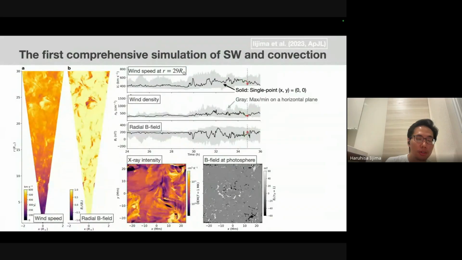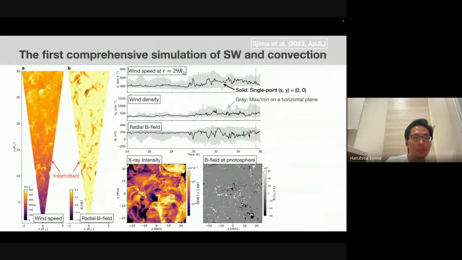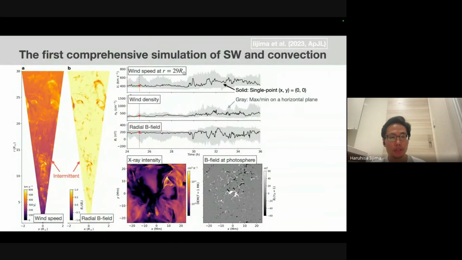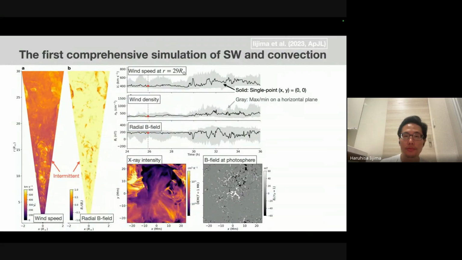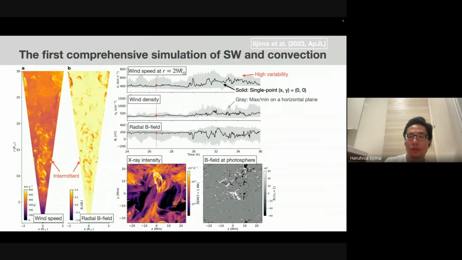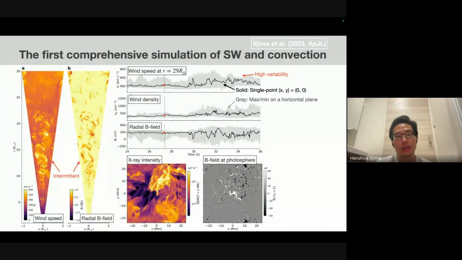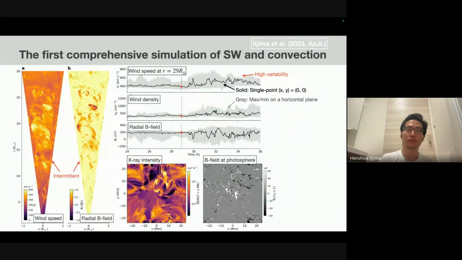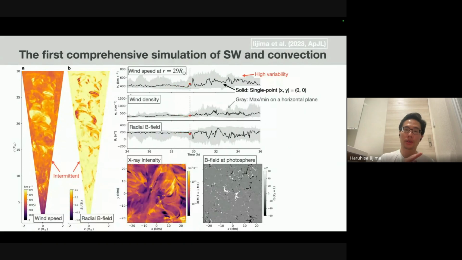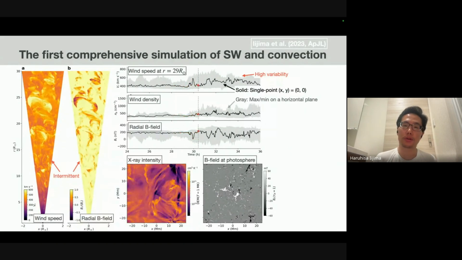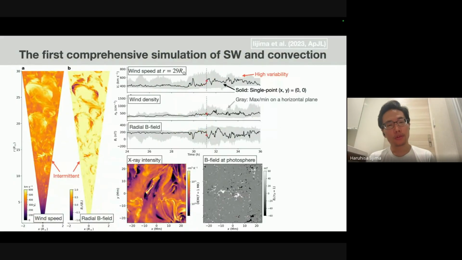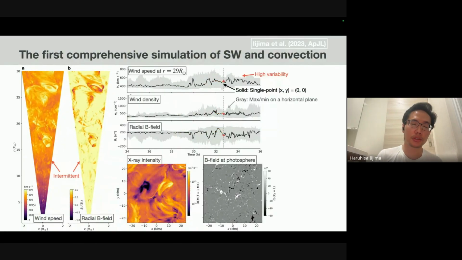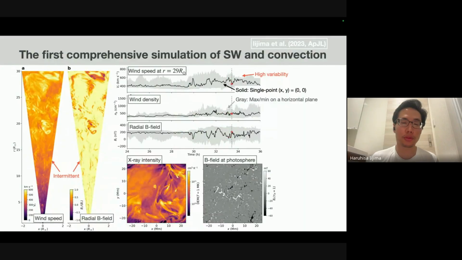We found that a very intermittent solar wind structure emerges in the numerical simulation. The right panels show the virtual observation at the point of 29 solar radii from the solar center, or 28 solar radii above the solar surface in the numerical box.